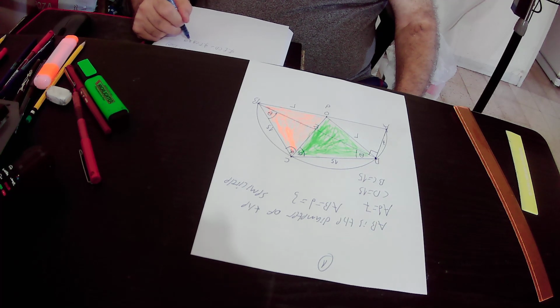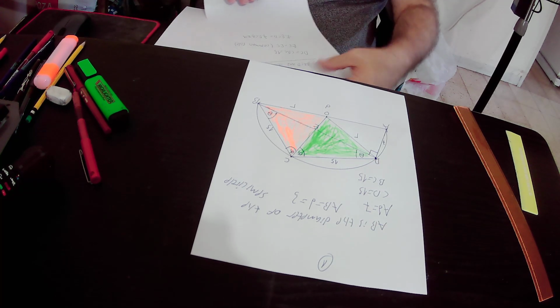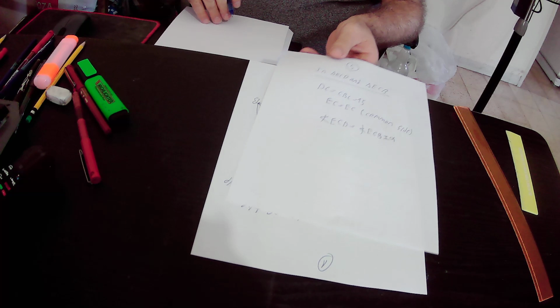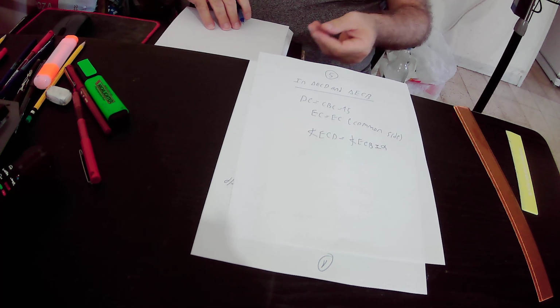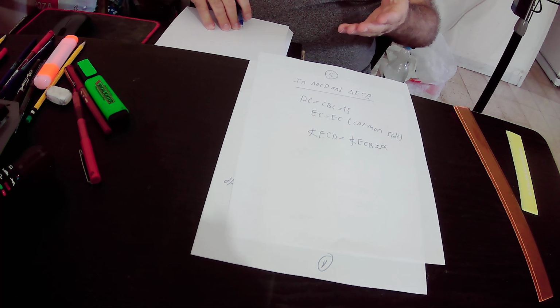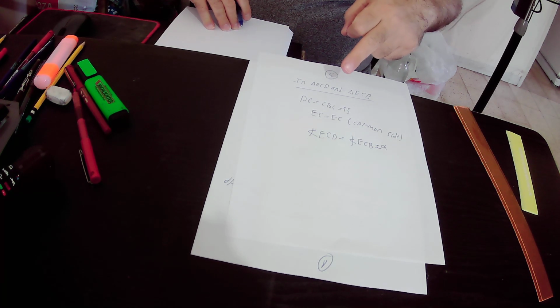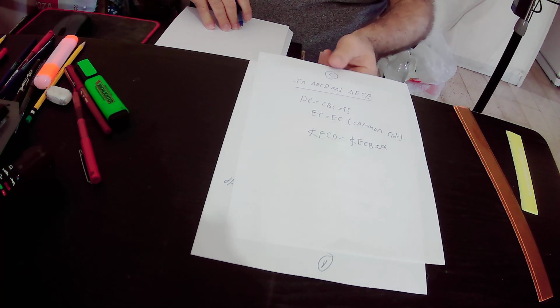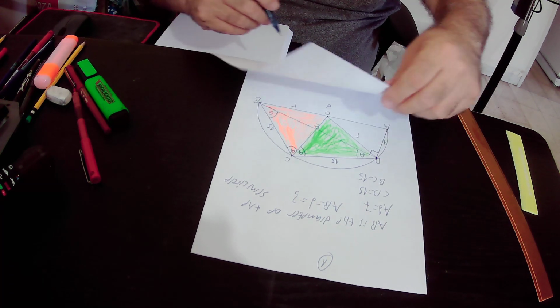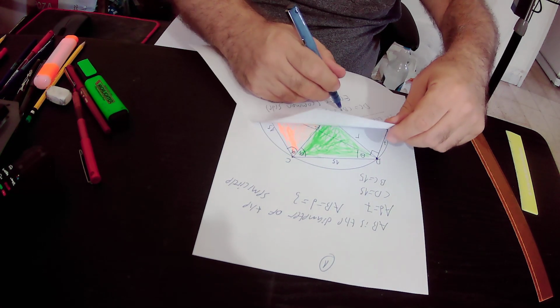So in those two triangles we have DC equals CB.